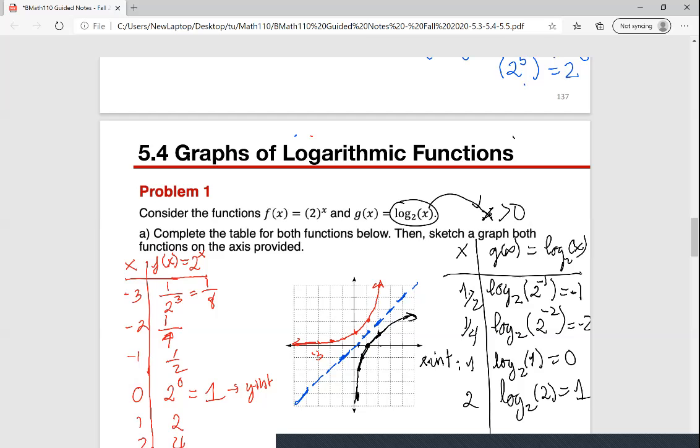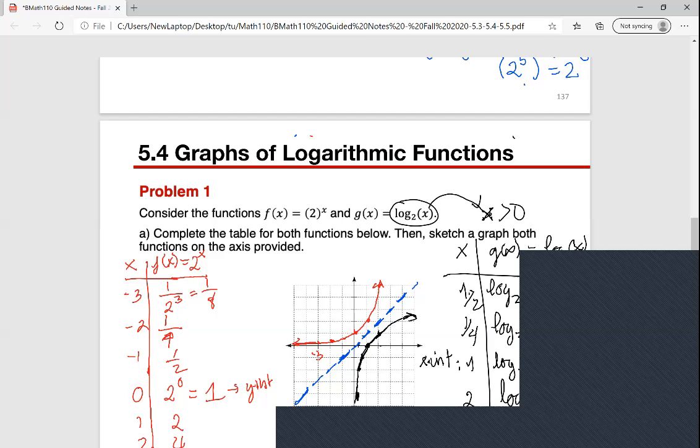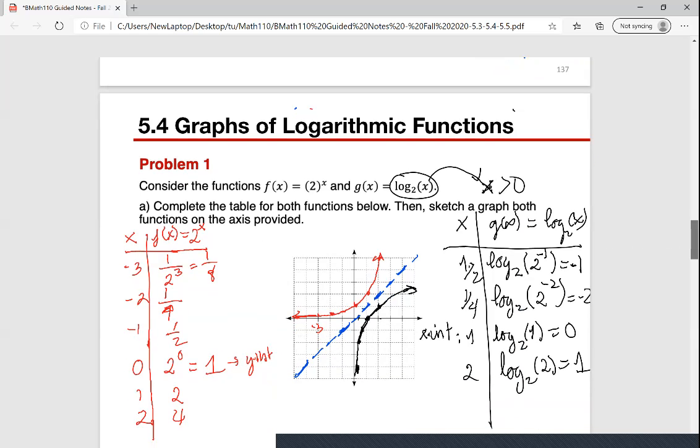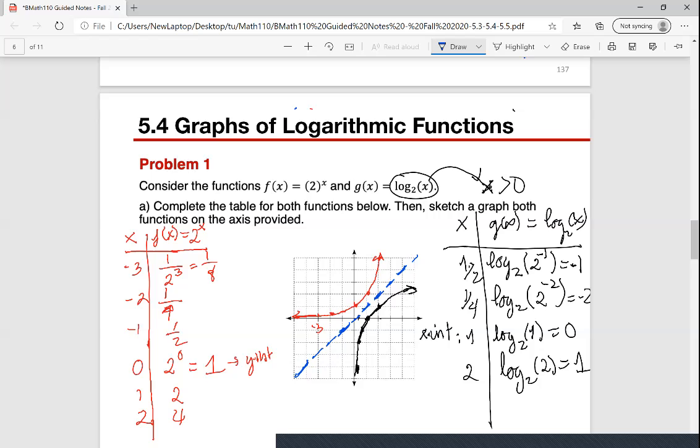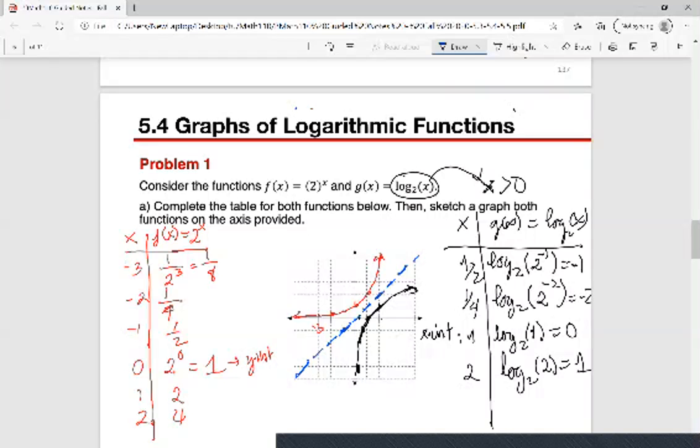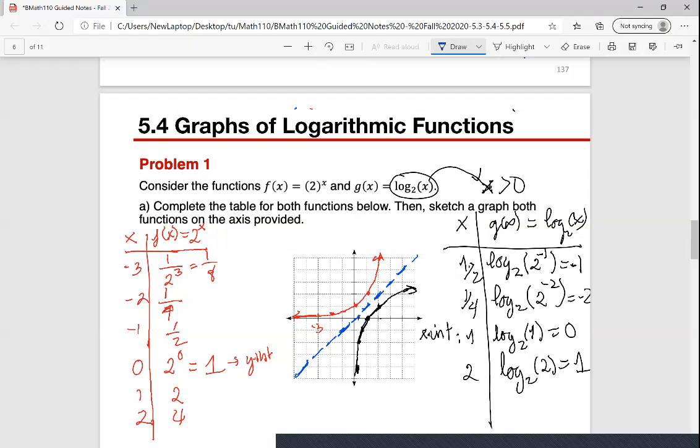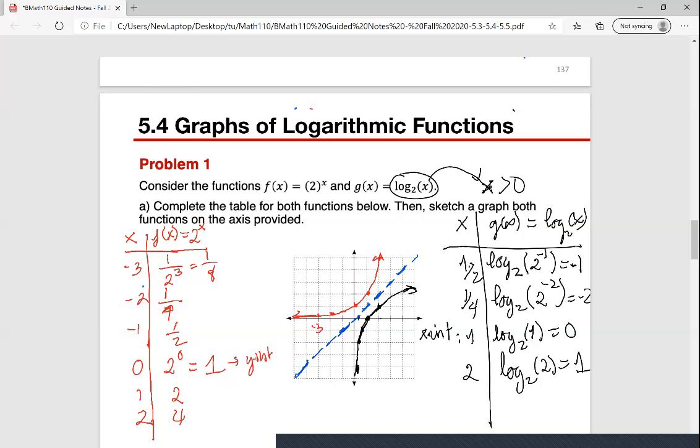You can see that from the graph or from the t-table, if the input of the exponent, you will get the output of the log.